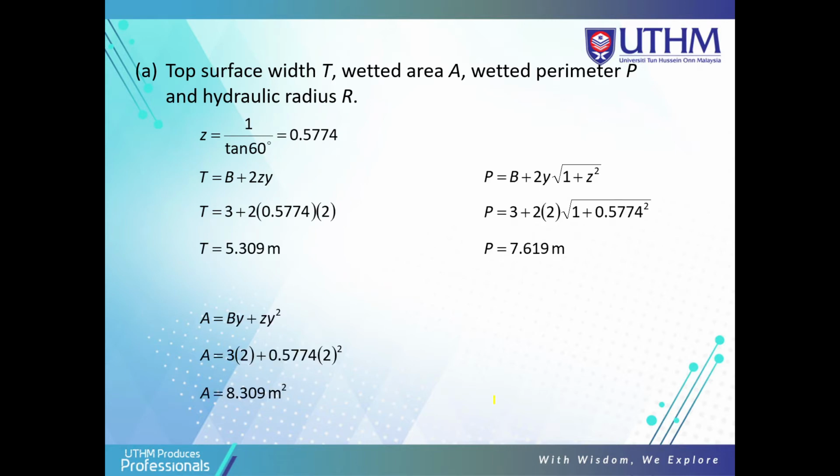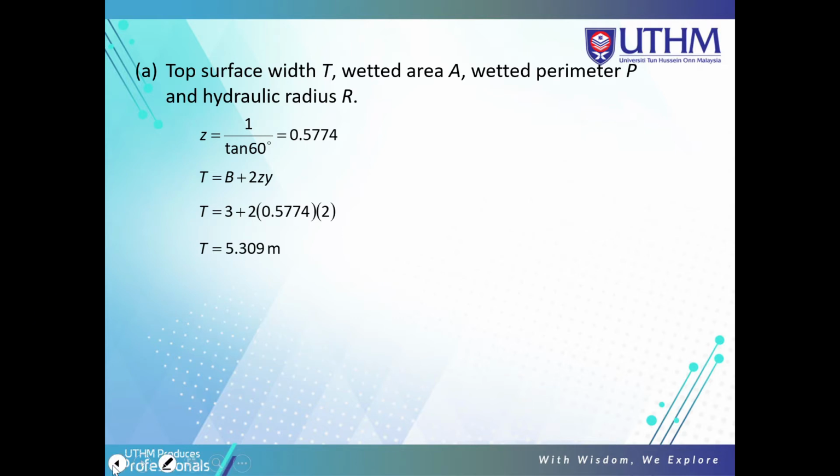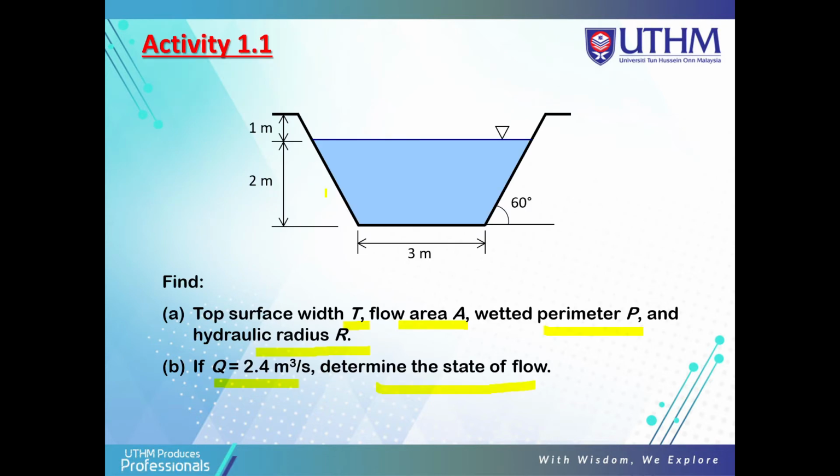First you must find the Z. The Z is from this one. To get the Z here, we know that this one is 2 meter, but we don't know the value of Z. That's why we use this angle here.